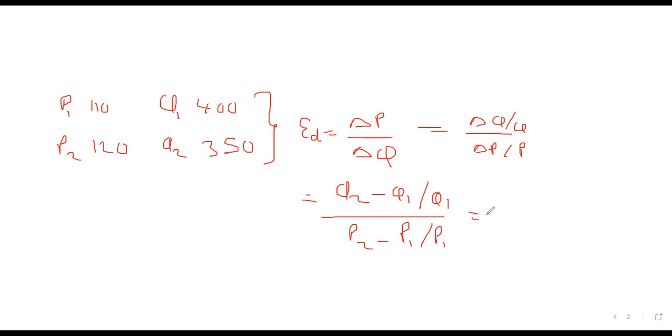Correct. So what is our Q2? P2 is 120. Don't swap them again. Minus 400, divided by 400. 120 minus 110 divided by 110.